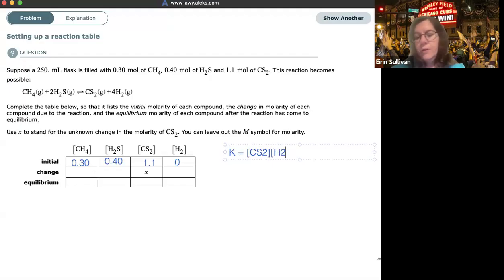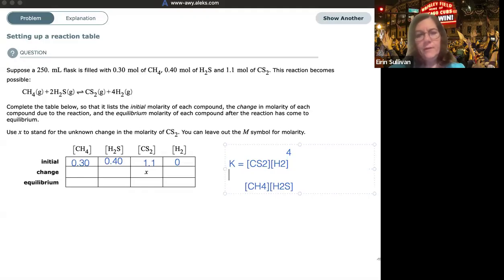So H2 to the power of 4 on the top, and then on the bottom we will have CH4, the methane, multiplied by H2S to the power of 2.